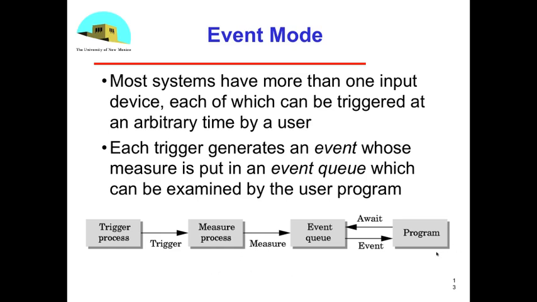Now, what does it look like from the application programmer's point of view? The program could be sitting there waiting for events to happen, or it can be examining that queue periodically or whenever, in a variety of ways. But all kinds of things are going in, not under the control of the program.